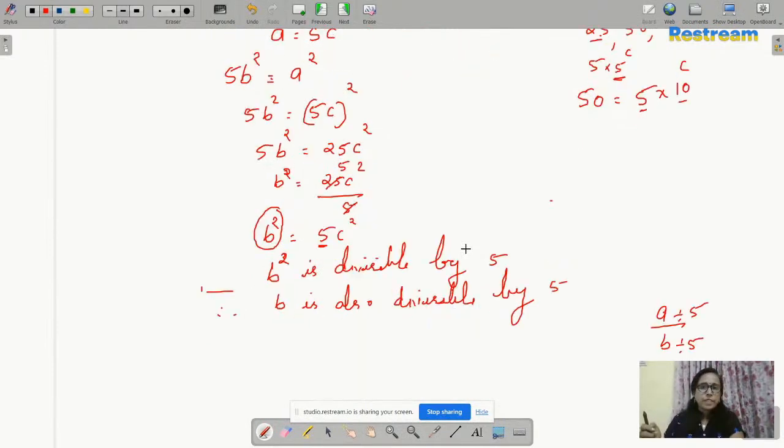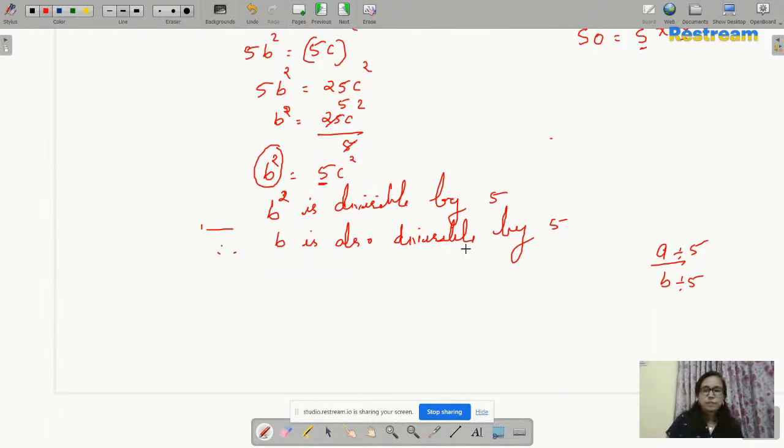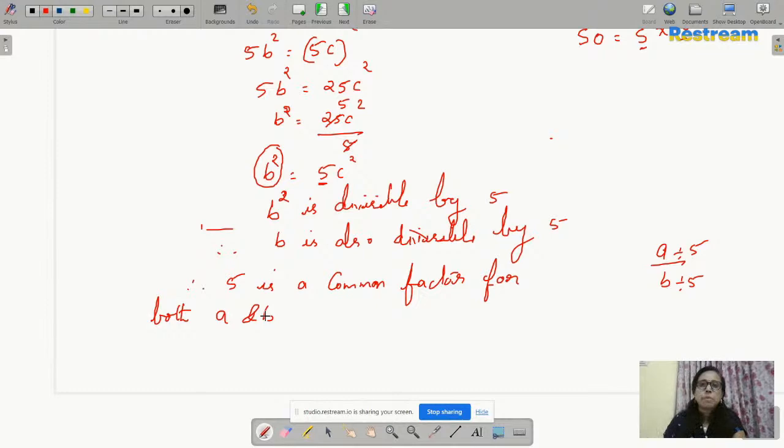Therefore, 5 is a common factor for both a and b. That's what we have proved now.